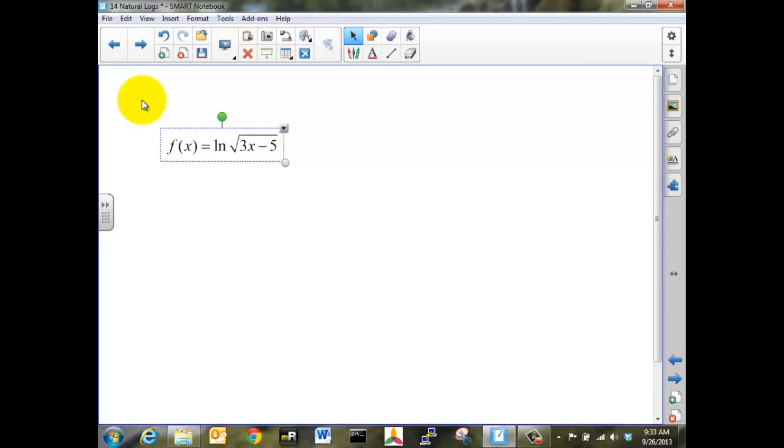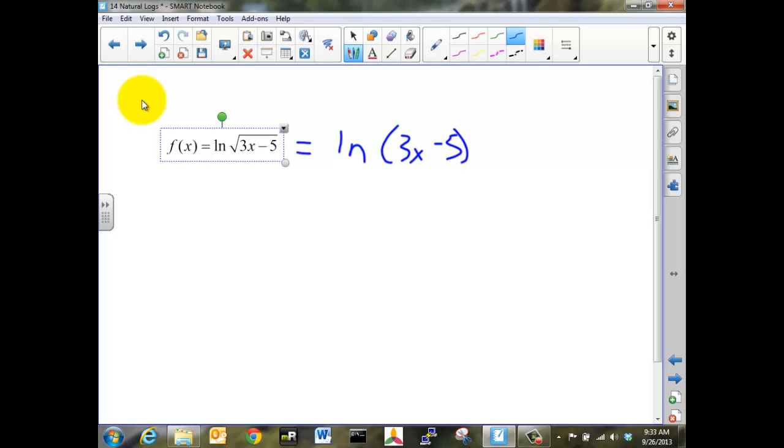Okay. Here's what I'm going to do. Change this using your properties of exponents. Now, as Mary Catherine said, we could write this as ln of 3x minus 5 to the 1/2. But with our properties of exponents, we could also remember that power property at the very bottom.